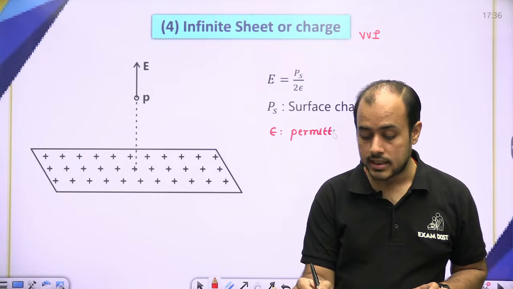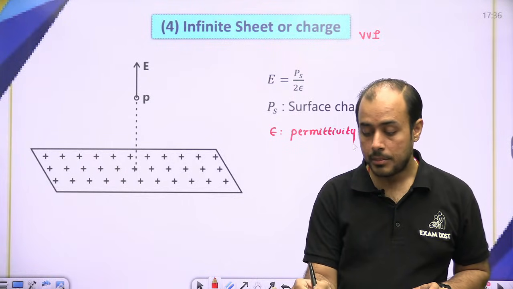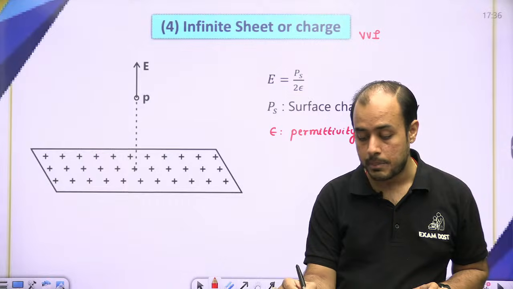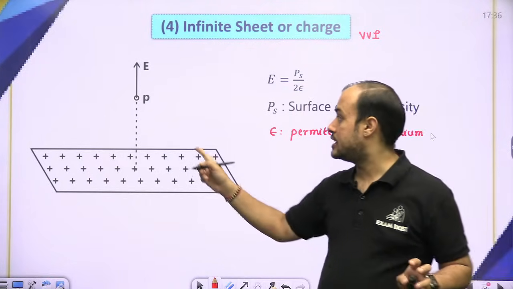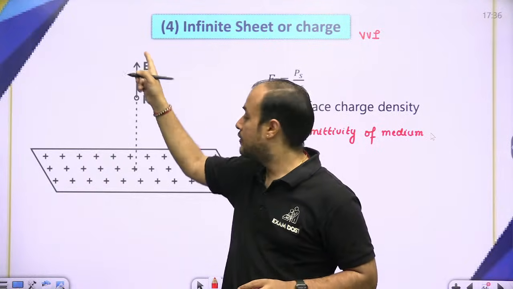Sir, how to take the direction of the field? Beta, direction will always be perpendicular to the sheet. For positively charged sheet, it is away from the sheet.